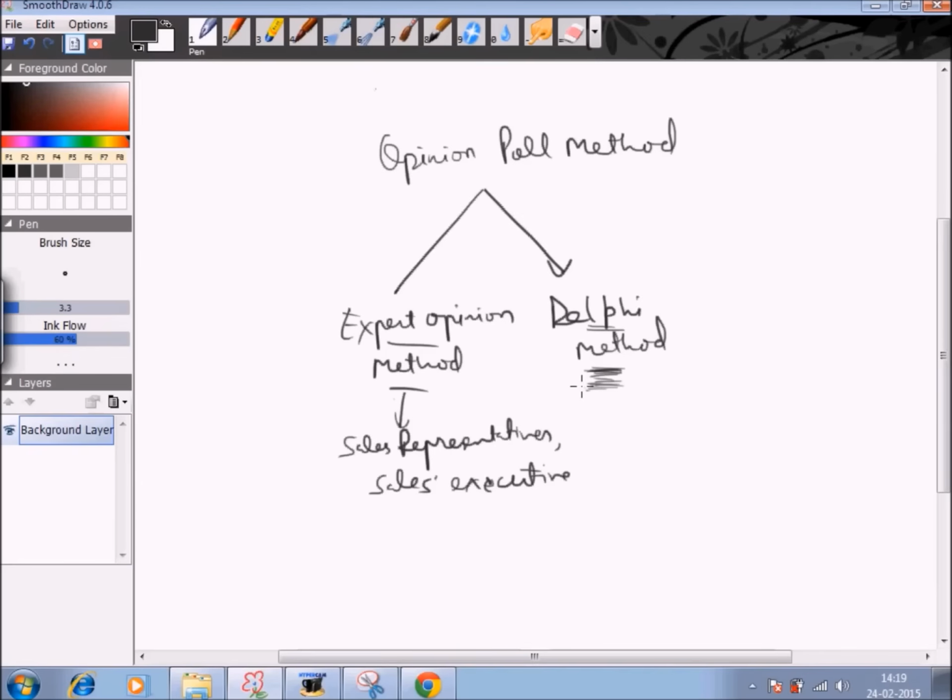Then the experts revise their own estimates in the light of the forecasts of other experts. Like this, the rounds are repeated until the different expert opinions are consolidated into a compromise estimate of future demand. So this is the Delphi method.